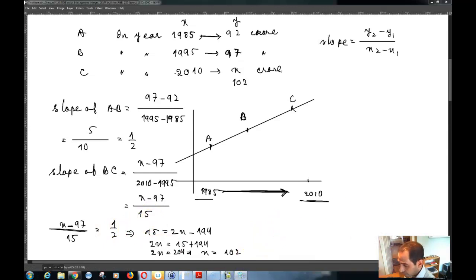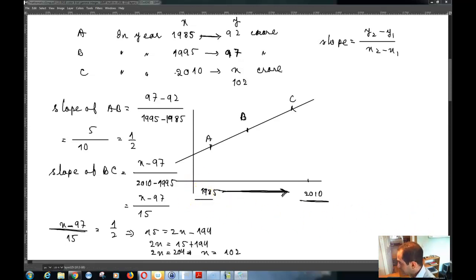So 97 times 2 is equal to 194. That means that 2x is equal to 15 plus 194, which is equal to 209.